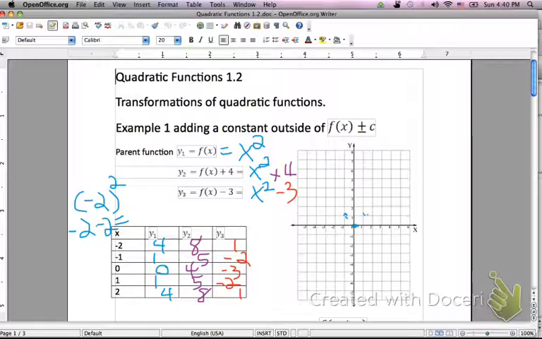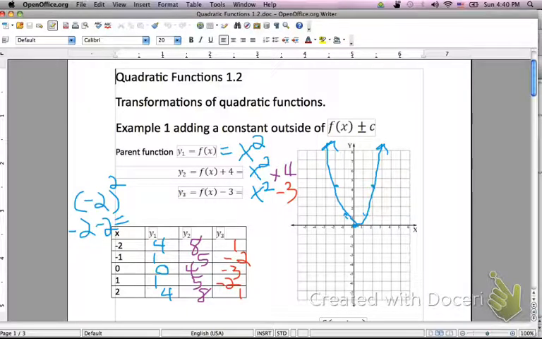I also have a point at negative 2, 4, and 2, 4. And I could keep going, and I know it's going to go to 3, 9, so it's going to be out that way. So the parent function for our quadratic function looks like that.